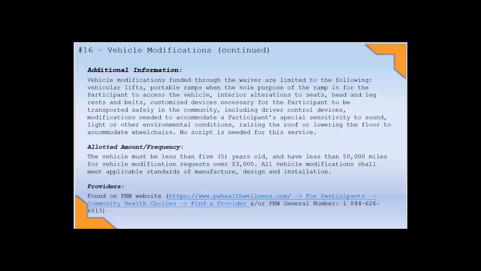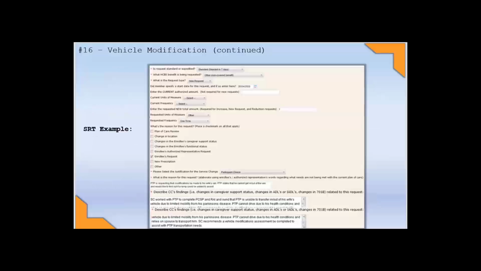The vehicle must be less than 5 years old and must have less than 50,000 miles on it, and they all need to meet the applicable standards of design and installation. Basically, the reason is that the waiver doesn't want to pay to put a modification on a vehicle that isn't going to last.